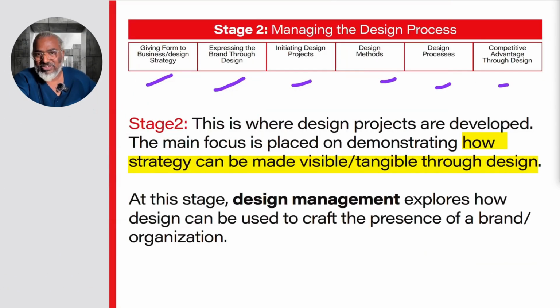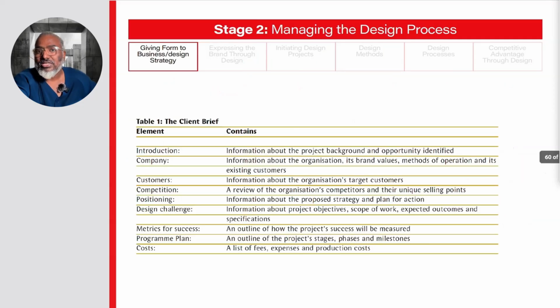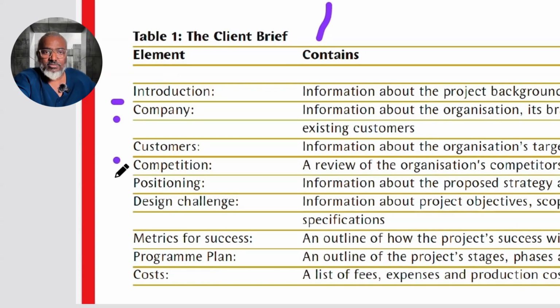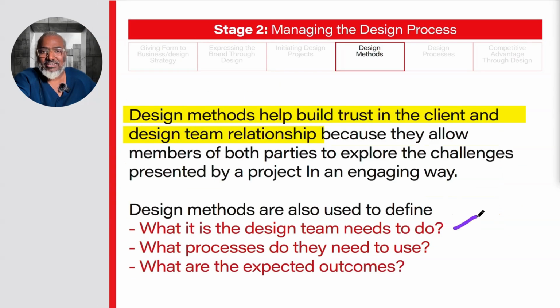We already saw these roles, what you will be playing. I'll just talk to you about how strategy can be made visible through design. You need a client brief: company, customer, competition, positioning, design, metric, cost, what the design team needs to do, what process they need to use, and what expected outcomes you are expecting so that the design team can fulfill them.